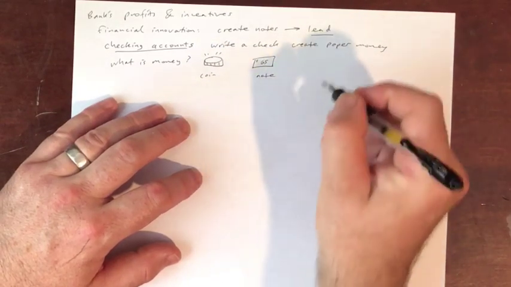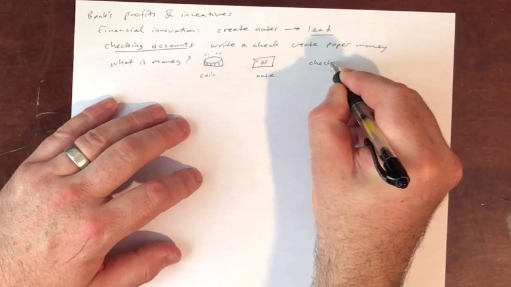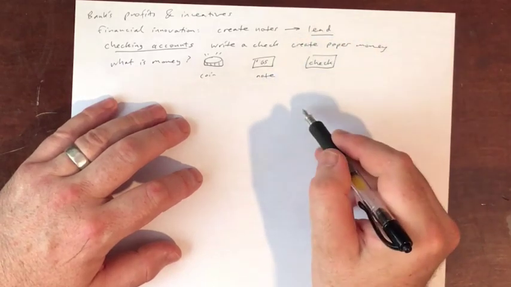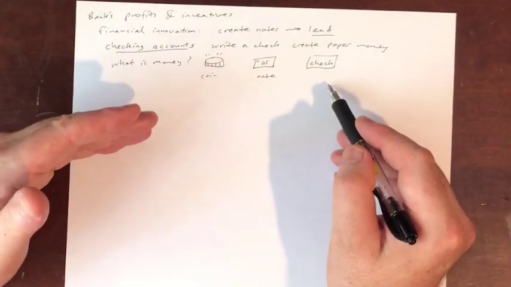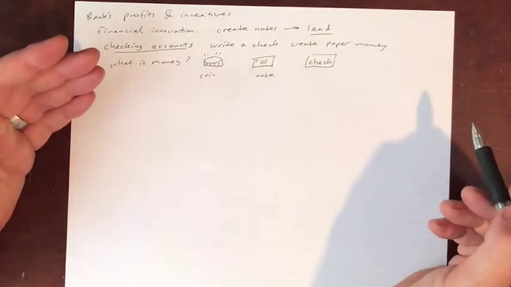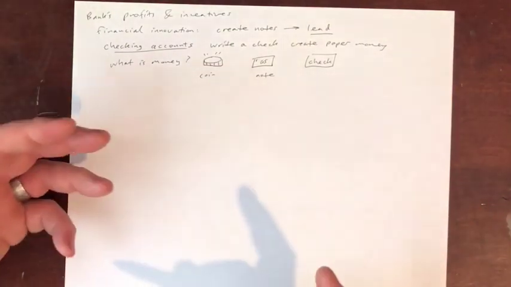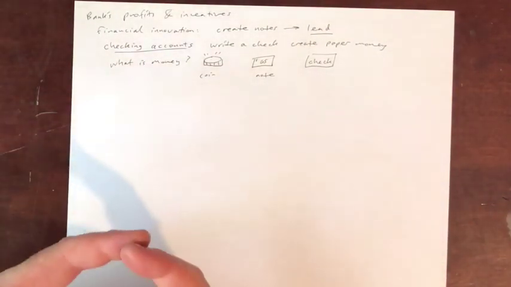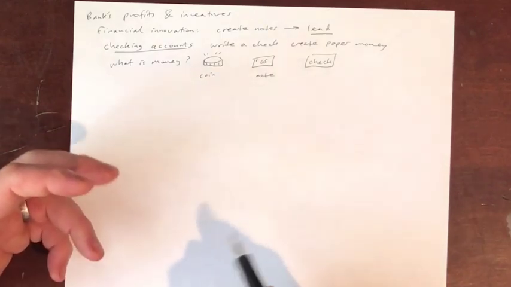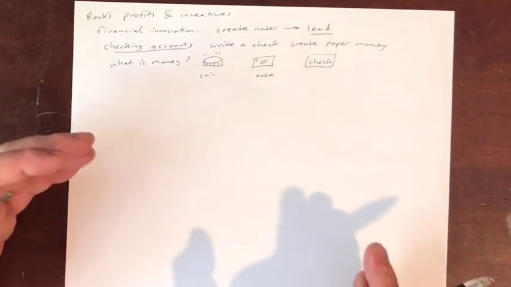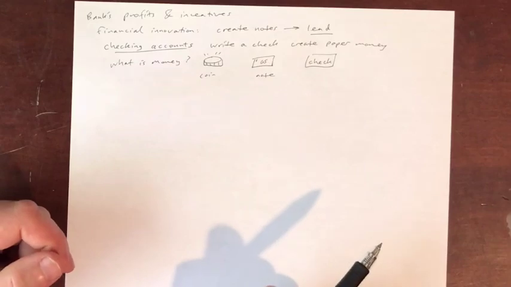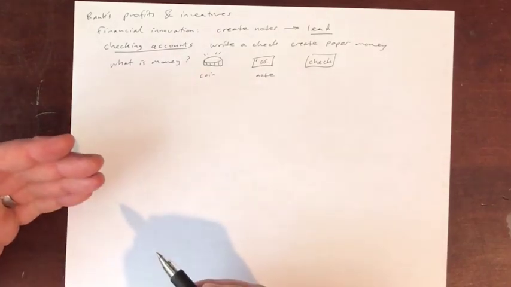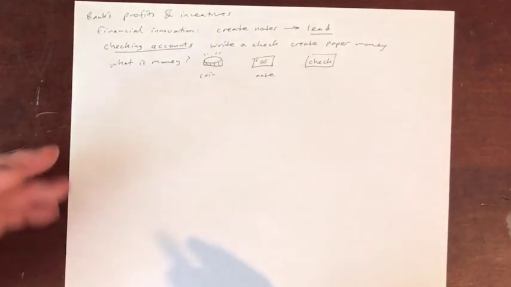But in the era of checking, if you write someone a check, what is that? Is the check money? Yes, it is money, because it serves the functions of money. It's the means of payment, etc. But it's a very strange kind of money. Whatever you write on it, that's how much money it is. That's very different.